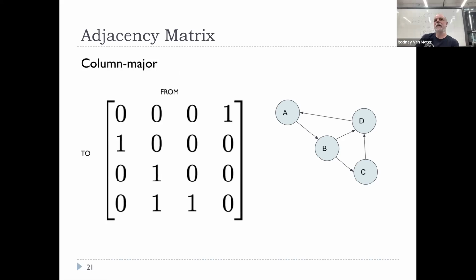This would be the column major form of the same thing, where going from A to B, instead it would be in the A column and the B row. So the column represents the from, and the row represents the to.